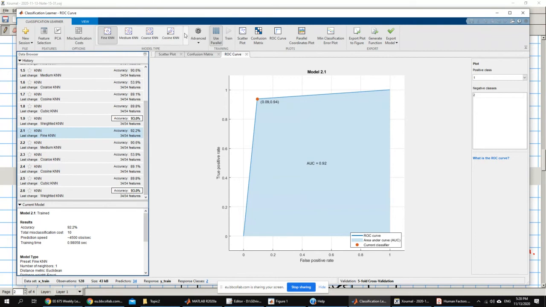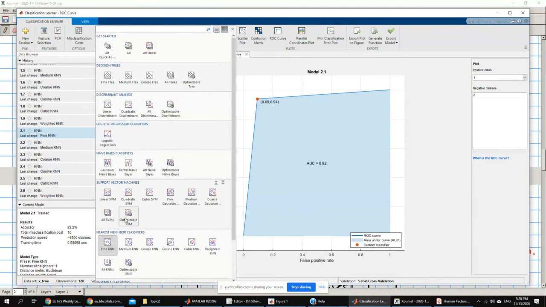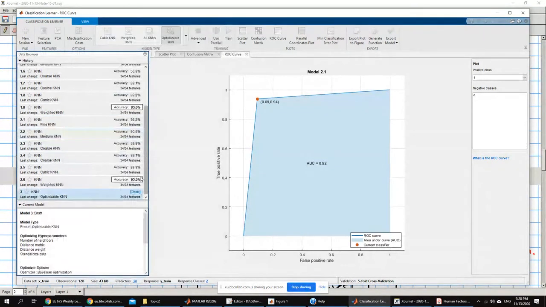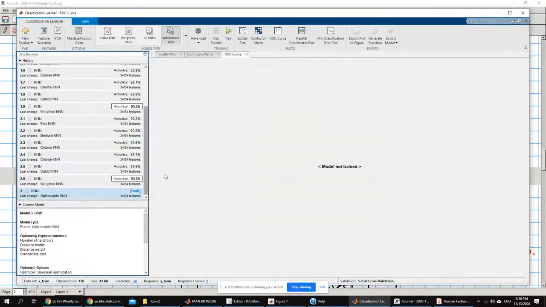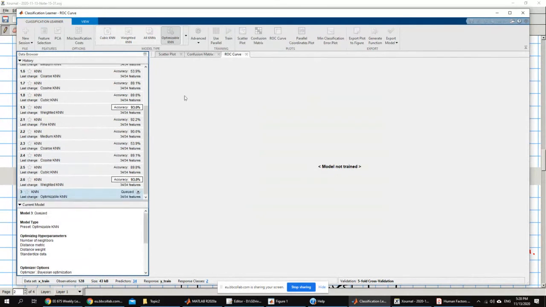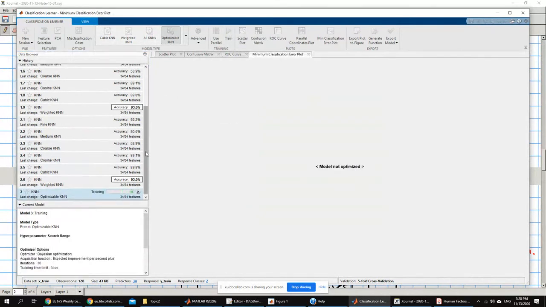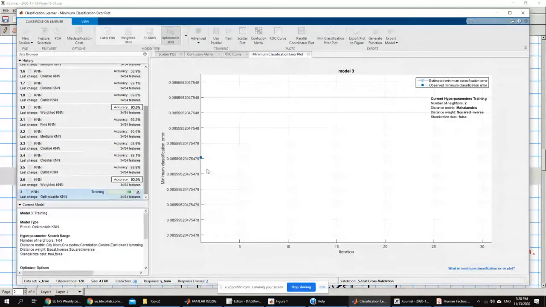Let's try another. Maybe I can try optimizable KNN. Let's see if it gets any better. Now it's optimizing. It's trying to optimize the parameters one by one.